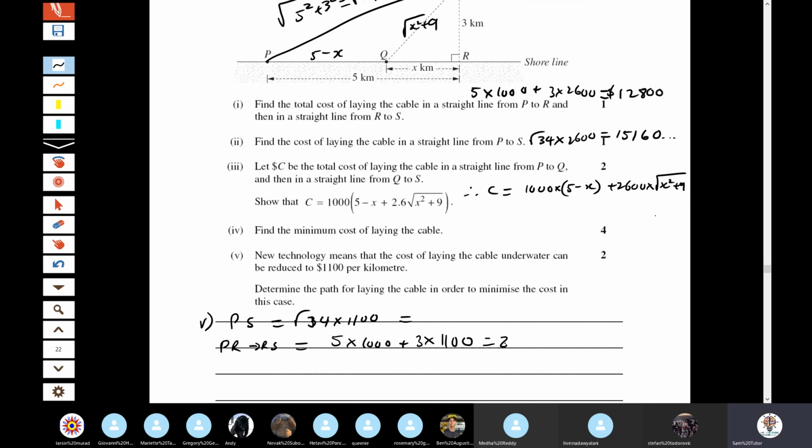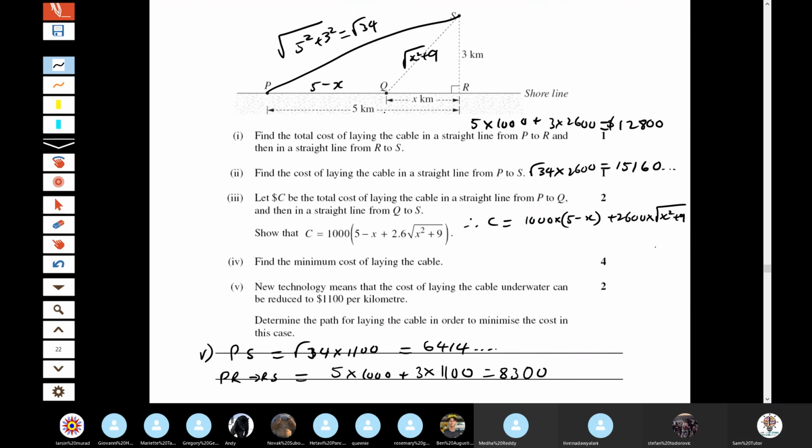This one, 8, 3. And what about the top one? 6,414. And the last one, P to Q, Q to S.